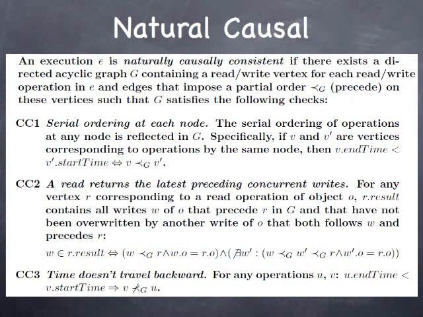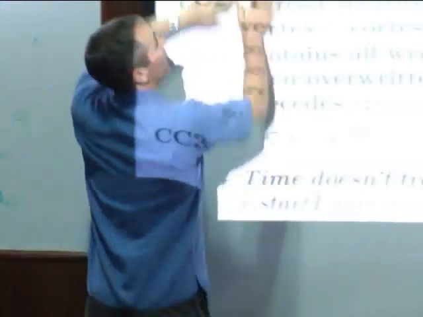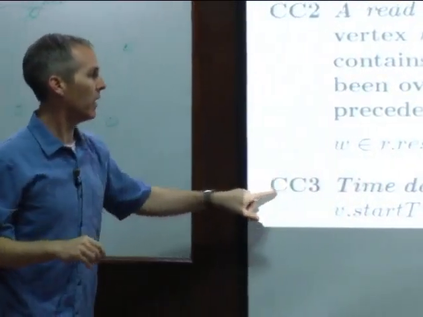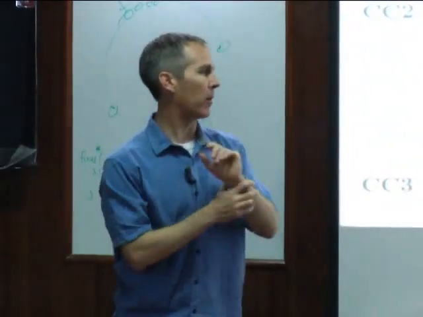Turns out we have to add one more constraint for this to be true. So here's my definition of natural causal. Fortunately, none of this changed. This is all causal. We just add one additional constraint, and the constraint is that time doesn't travel backward.